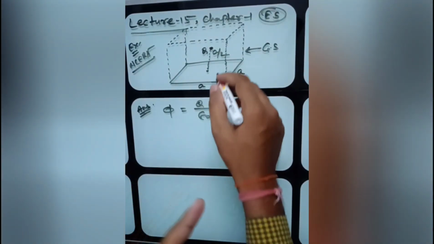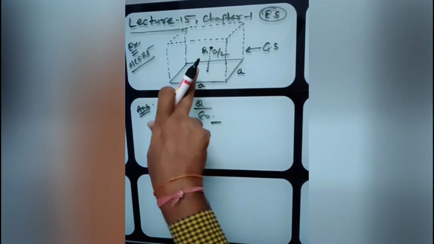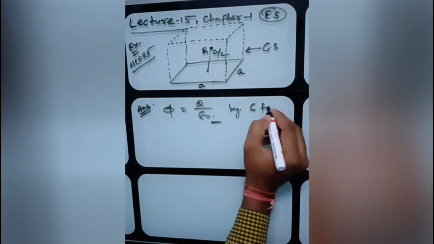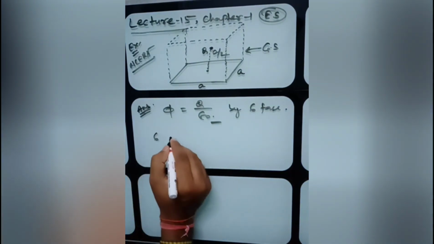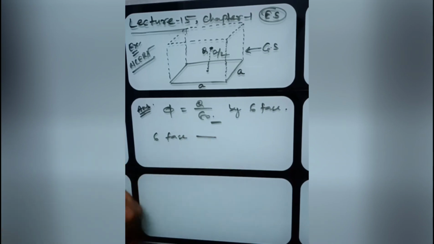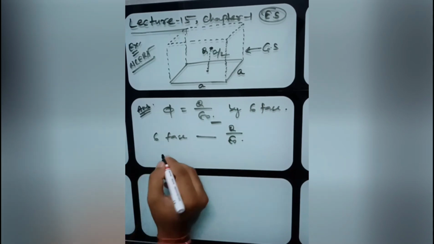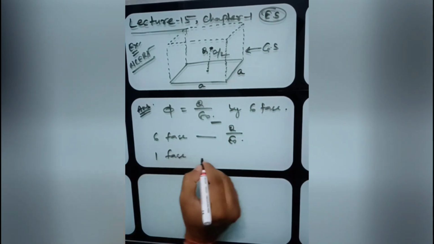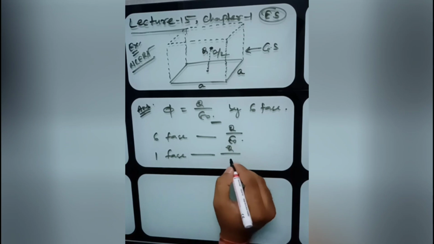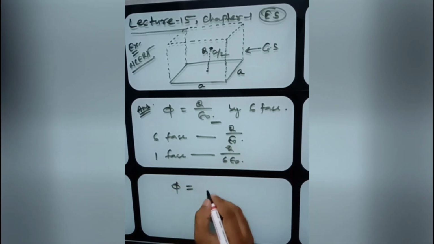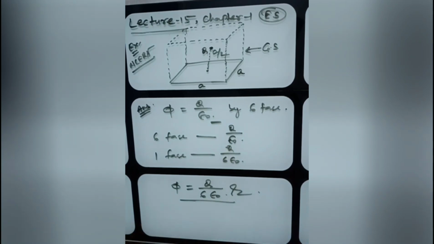We don't have the total 6 faces, we have only one face, and this flux is by 6 faces. So using the unitary method, if the flux for 6 faces is Q by epsilon naught, then for one face you will have Q by 6 epsilon naught. So the flux by one face is 1 by 6 times Q by epsilon naught. This is the answer. Okay, student.